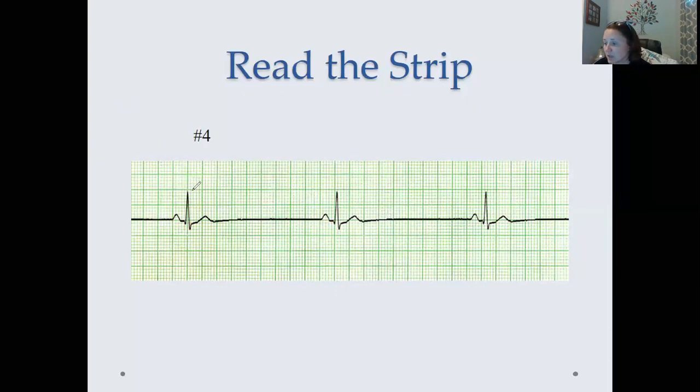Next up, does it march out? It does march out, so it is regular. Lastly, our rate. What is the rate? Doesn't look like those other strips, does it? But we're still going to count out to make sure that we're correct.